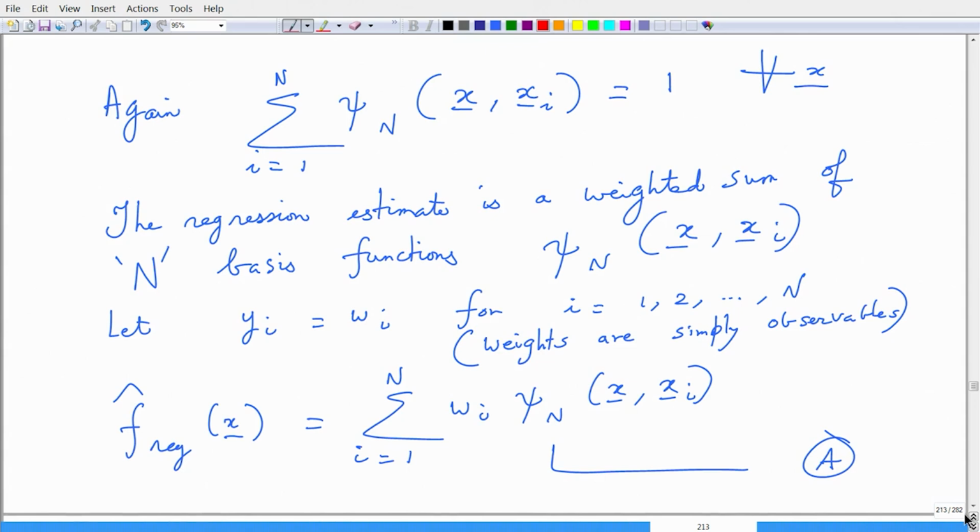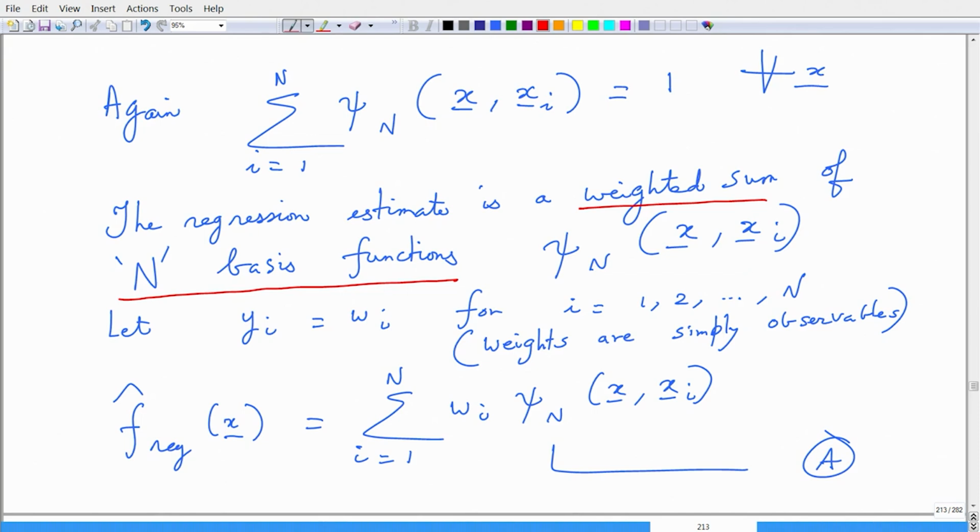As usual, this normalized weighting function sums to 1, that is, the summation i equals 1 to capital N of all the weighting functions sums to 1, and the regression estimate is basically a weighted sum. This is very, very important. It is a weighted sum of n basis functions given by psi n of x comma xi.